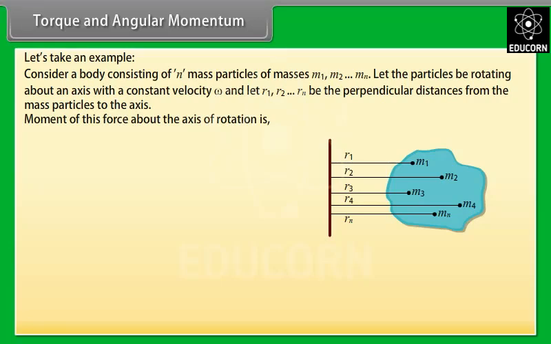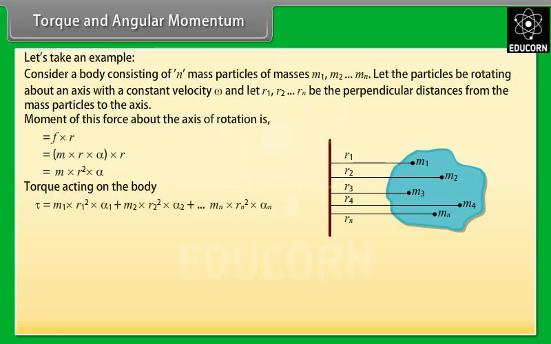Moment of this force about the axis of rotation is equal to F into r. By putting the value of force, we get m into r into alpha into r, which is equal to m into r square into alpha. Torque acting on the body is given by tau equals m1 r1 square alpha 1 plus m2 r2 square alpha 2 plus and so on till mn rn square alpha n.